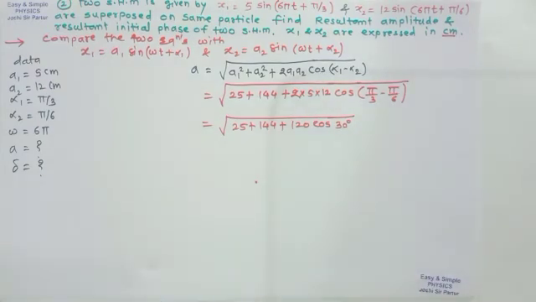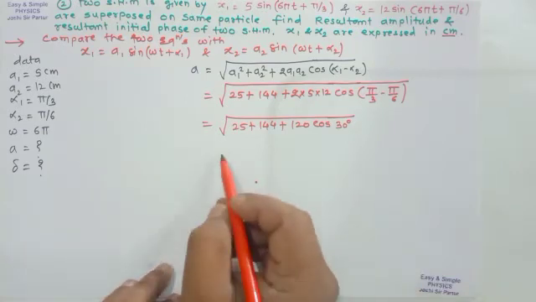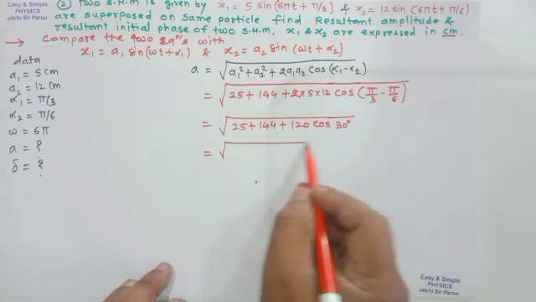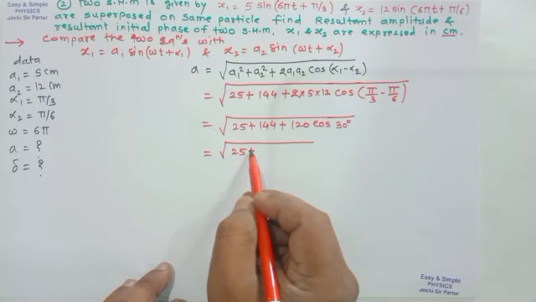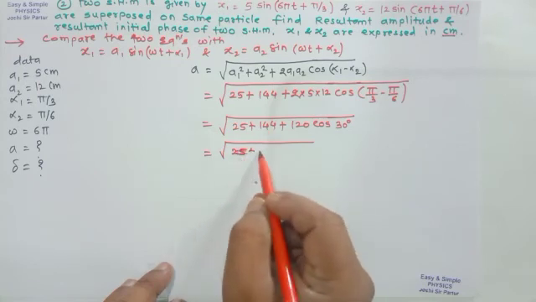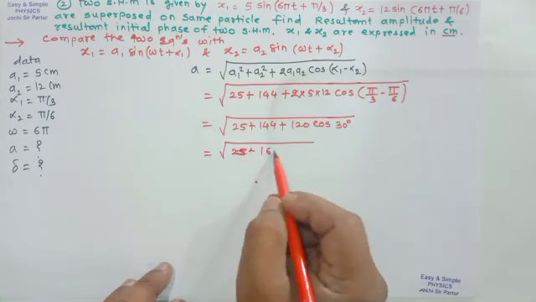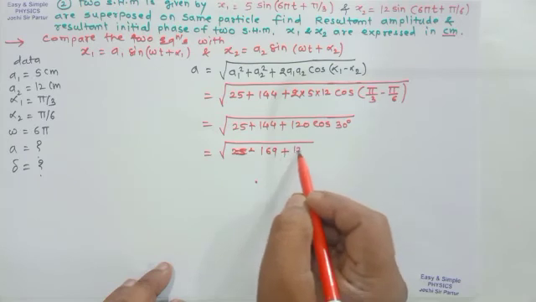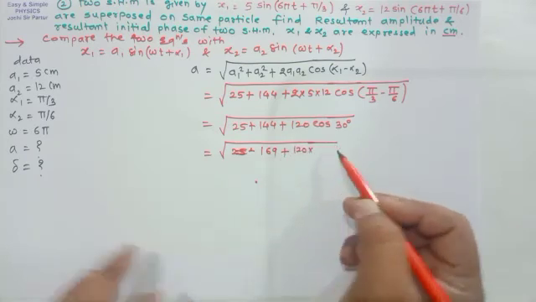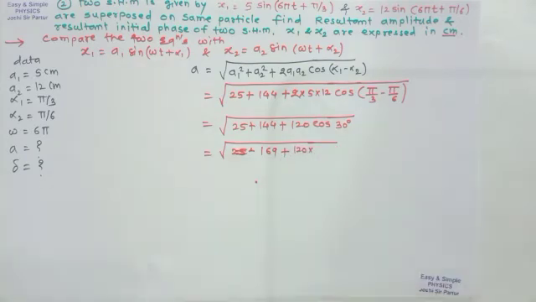And we know that cos of 30 will be square root of 3 upon 2. So here, the square root of 25 plus 144, it will be 169, plus 120 multiplied by square root of 3 upon 2.